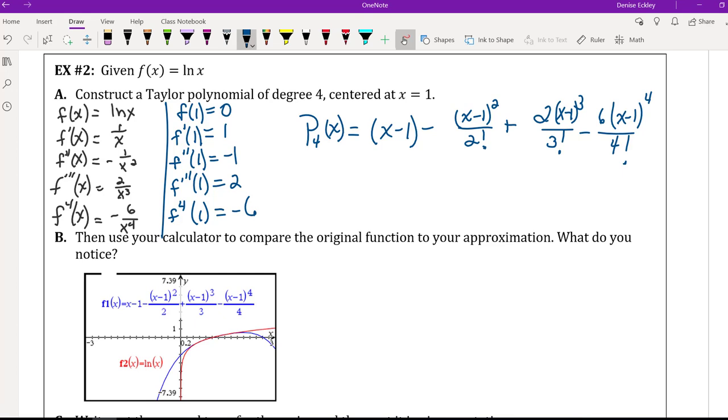If you want to write out the factorials, you can. And so I'll write that here. It's actually in the picture of the graph I have there.